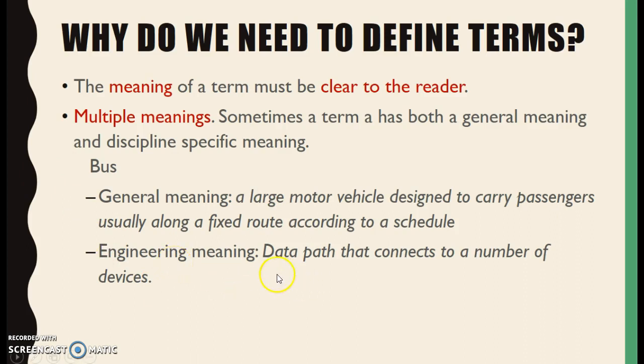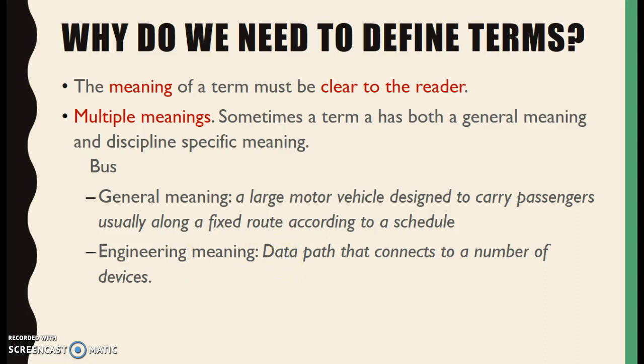It refers to the data path that connects a number of devices. So when the reader comes across the word bus, it depends again on the context. Is it a general context, talking about traveling in a city? Or is it in the context of transportation? Or is it in a more engineering, computer context where this may be the meaning?